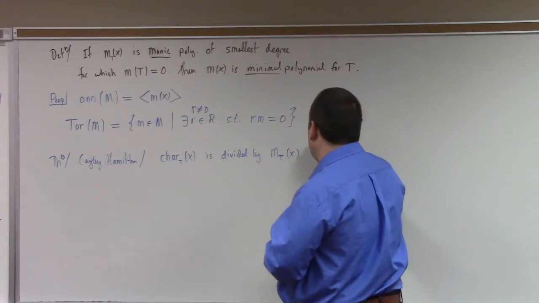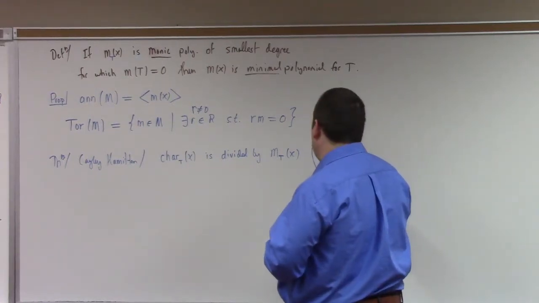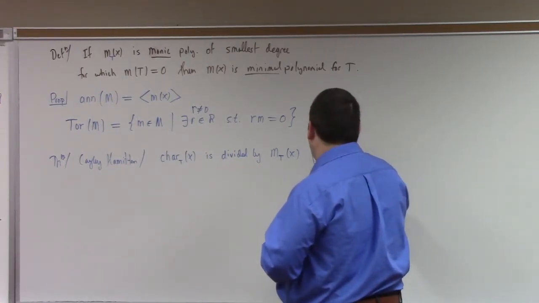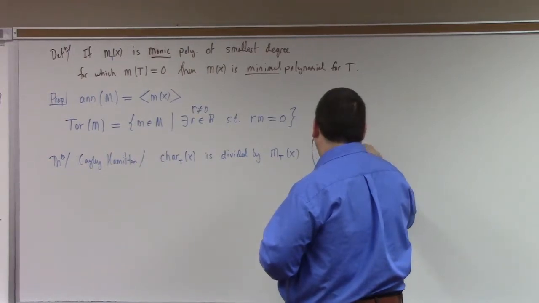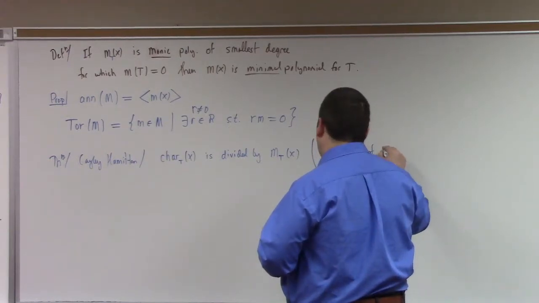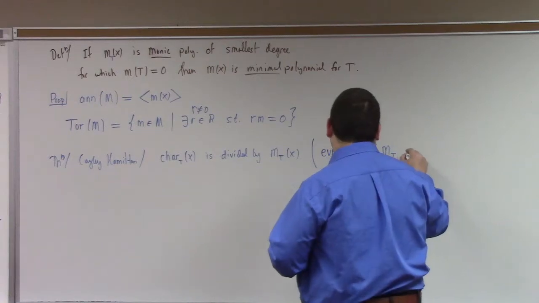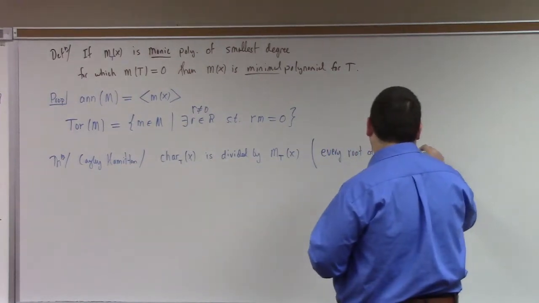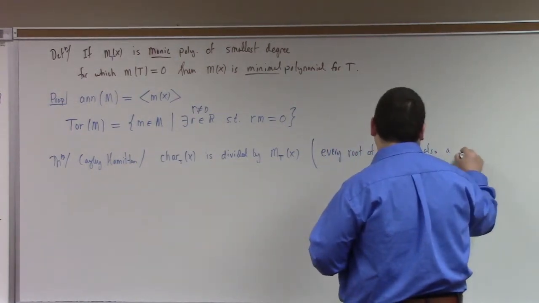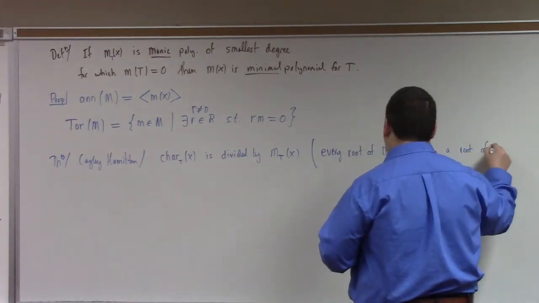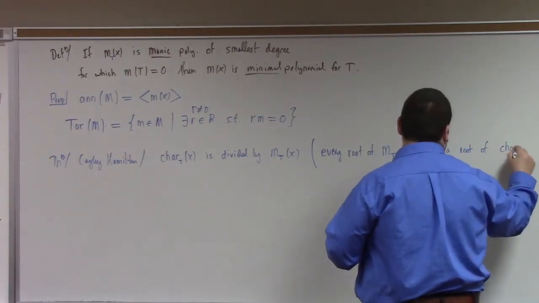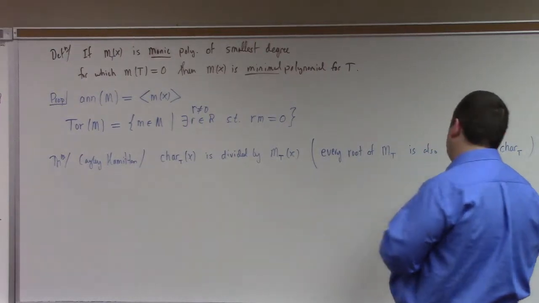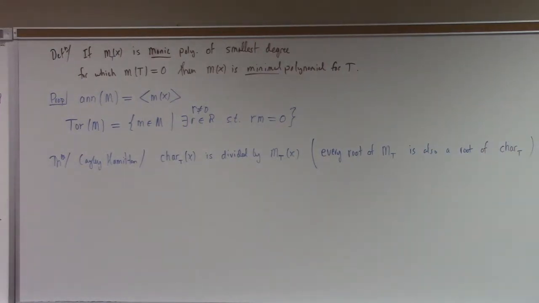But this also has other strings attached. Every root of M_T is also a root of char T. But what is the definition of the characteristic polynomial?